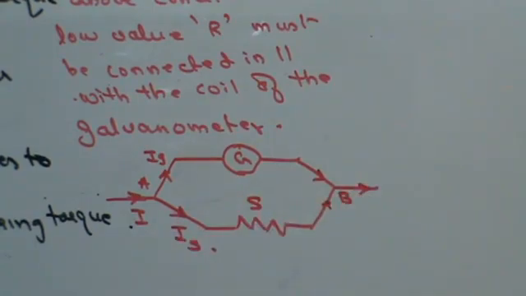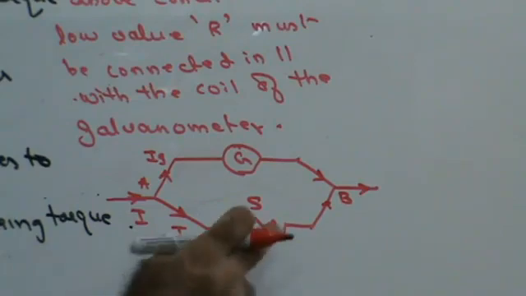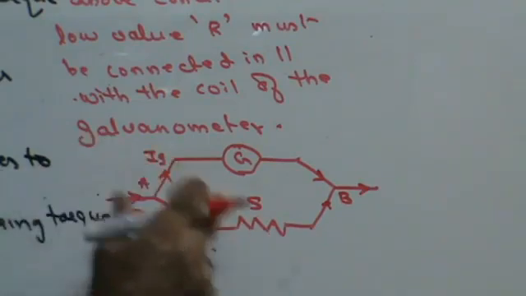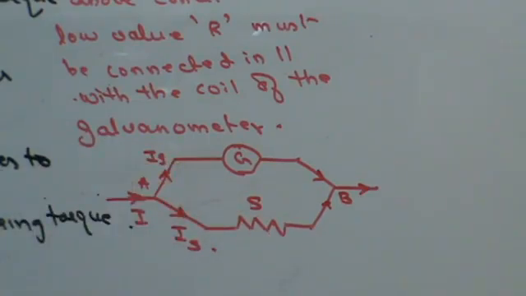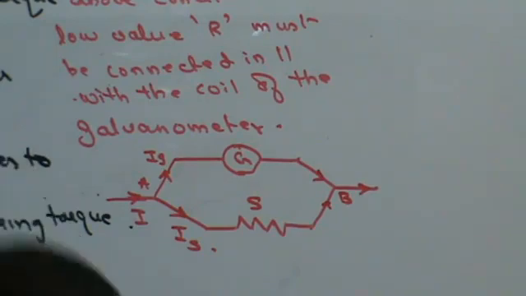Fine, do we get this? Since the value of shunt resistance is very low, most of the current will flow through the shunt resistance, thereby protecting the coil of the galvanometer, right? So this is how you have a galvanometer converted into an ammeter.